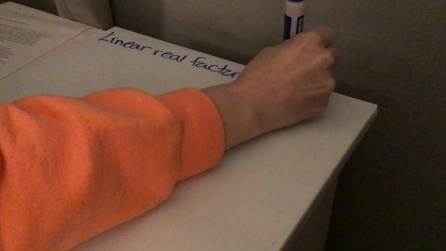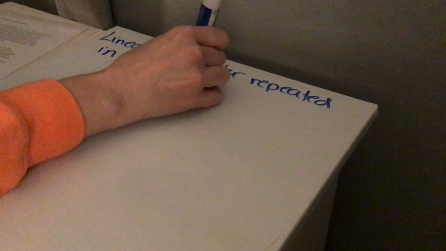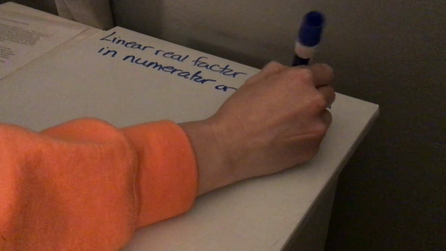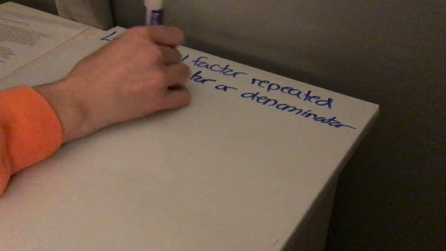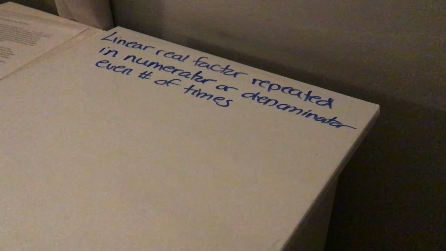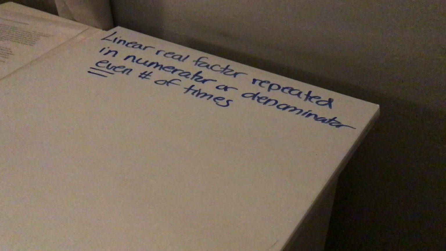So then to add on to that, if a linear real factor is repeated in the numerator or denominator an even number of times, say you have x minus 2 squared in the numerator or the denominator, that's an even number of times, or to the 4th power or the 6th power, then it's going to change your graph.